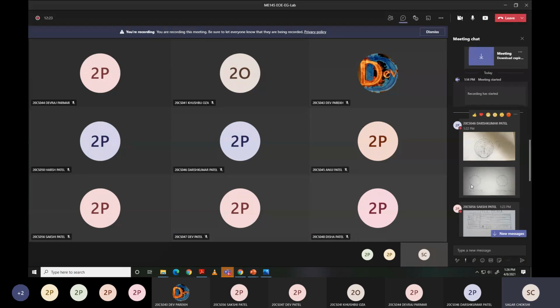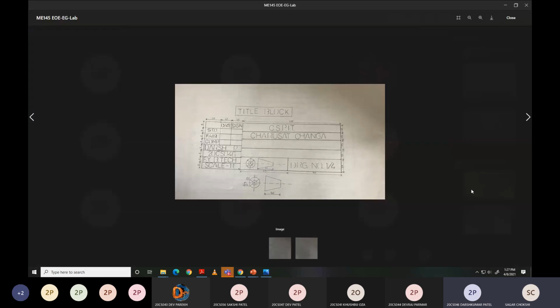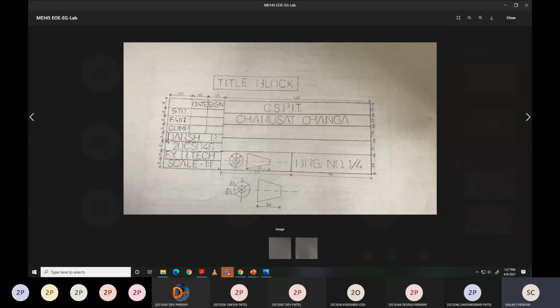Is it clear now? Yes, sir. Okay, in your title block, the symbol is wrong, so you have to draw the symbol again with the same size. The length is 20, so you can check the symbol, both are different.